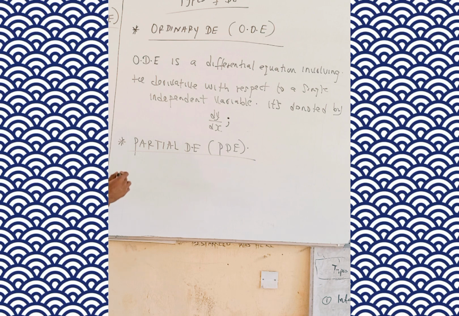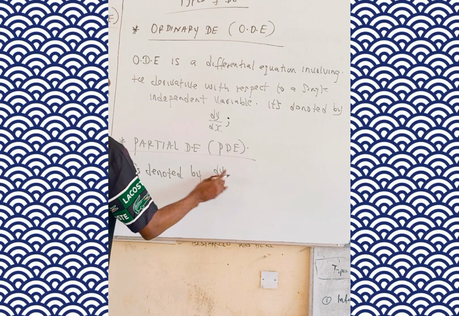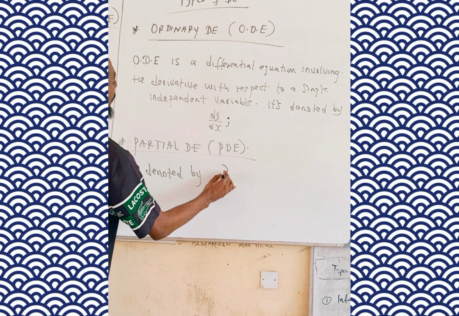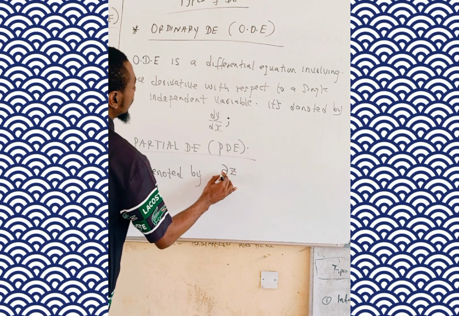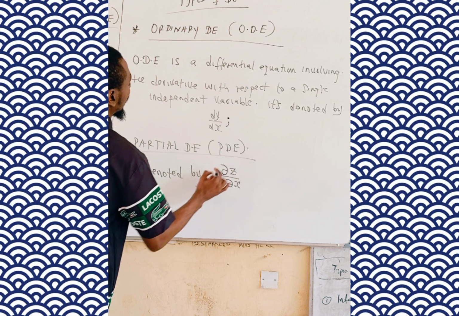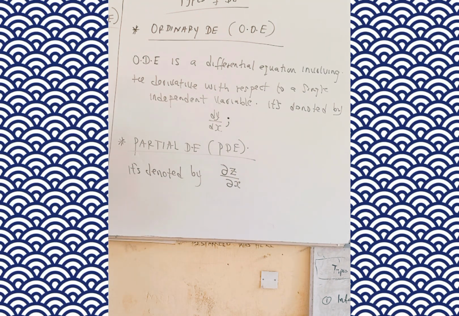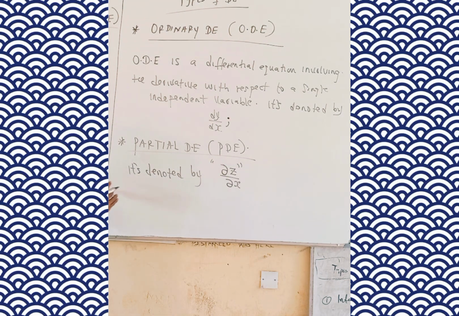It is denoted by the partial differentiation of z with respect to x.